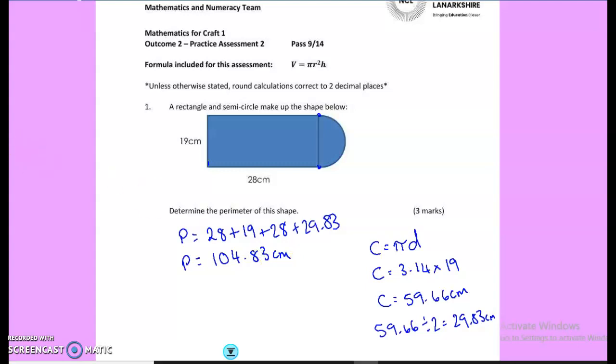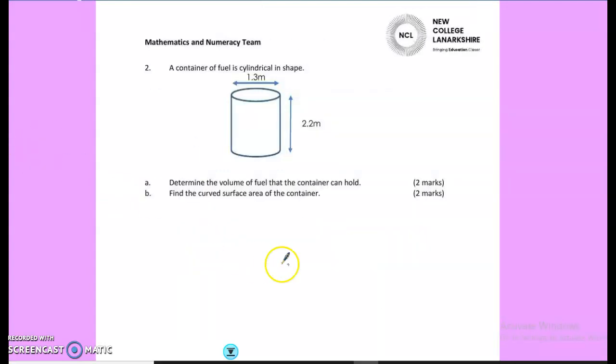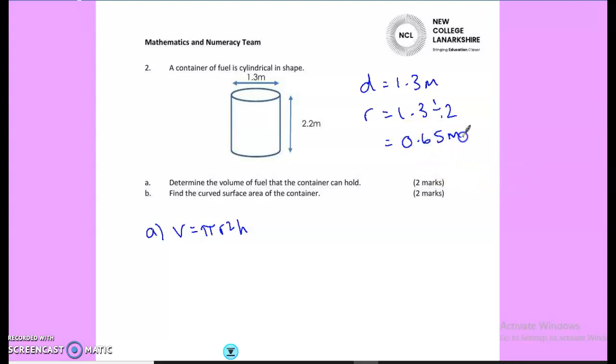Let's try the second one. Volume of the cylinder. Volume of a cylinder is pi r squared h. Here, diameter of the cylinder is 1.3, so the radius is half of that, which is 0.65 meters.